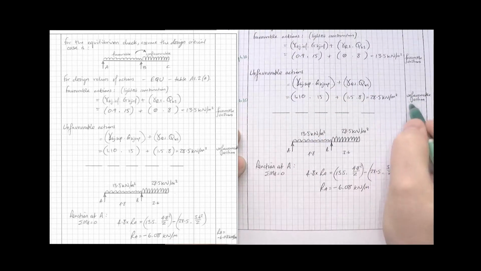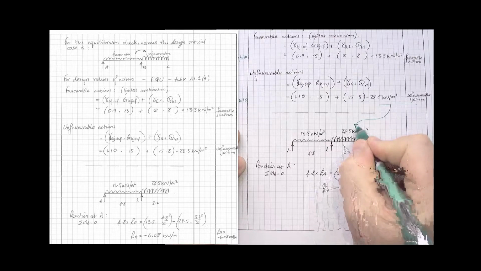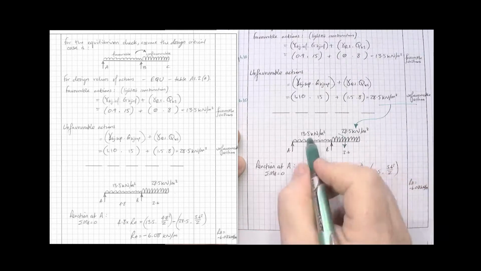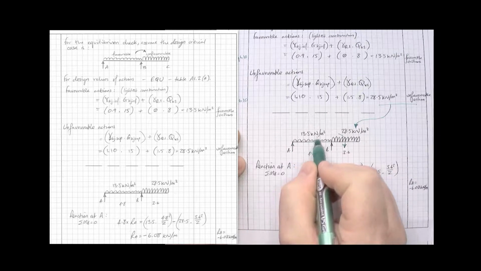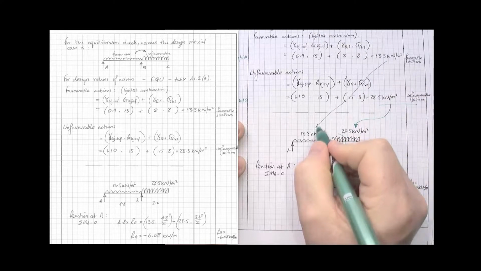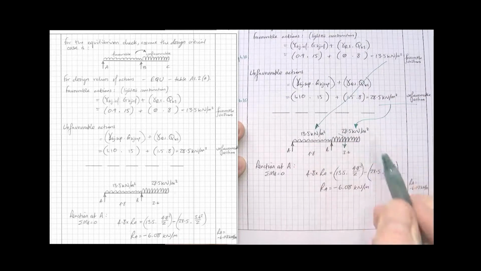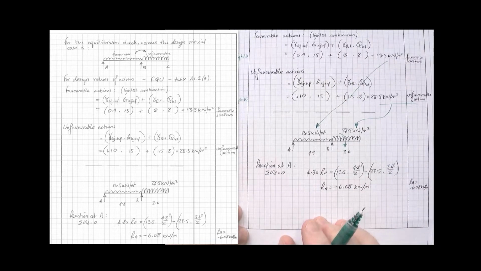The worst case is to put the largest value, our unfavourable action, on the end to allow it to rotate around, and in terms of the load that's stopping it from rotating, we put in our favourable value there. This gives us the situation when it might rotate around.